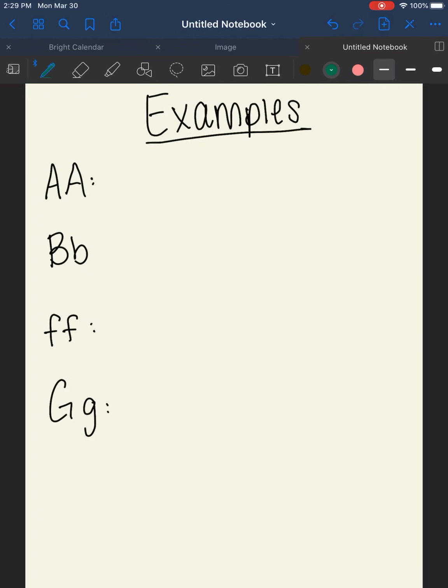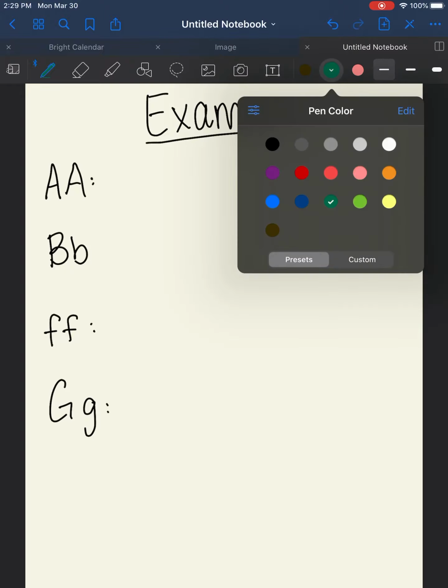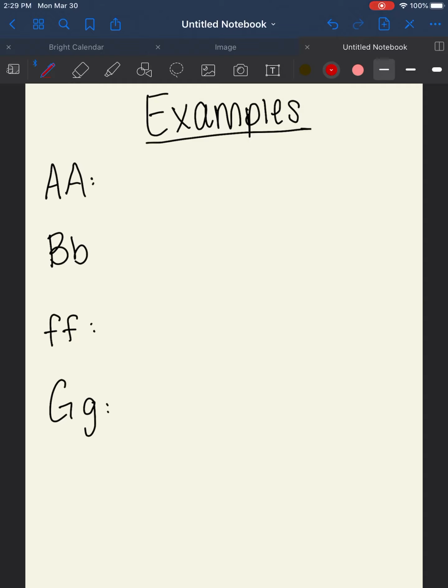So if I want to go over some examples, okay, let's do another color. Let's do red. Okay, so say in the assignment that I give you, you have something that looks like this. You have big A, big A. Okay, so first of all, the first thing you should notice is they are the same size, right?